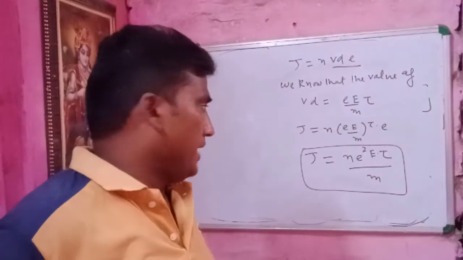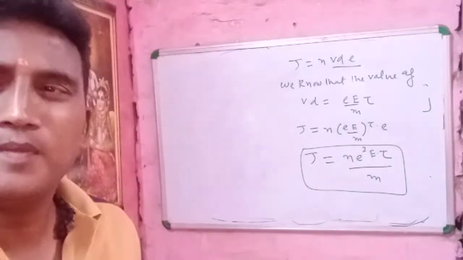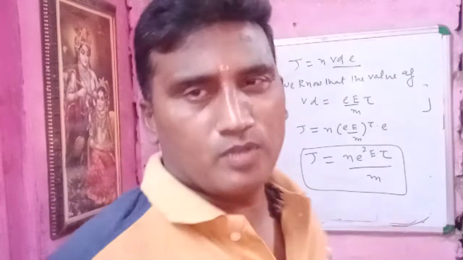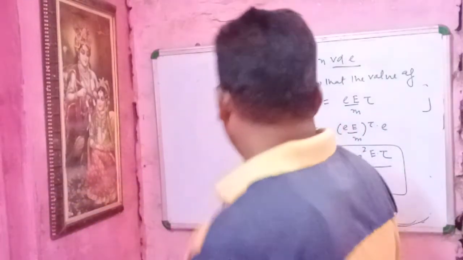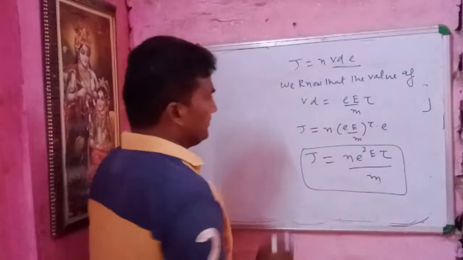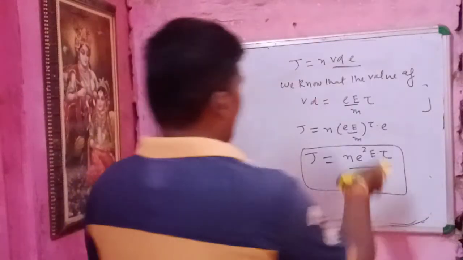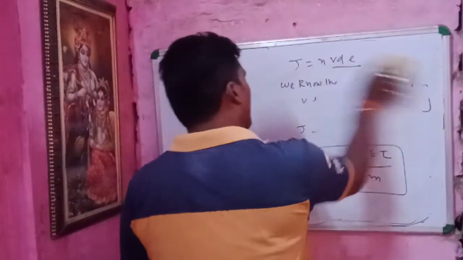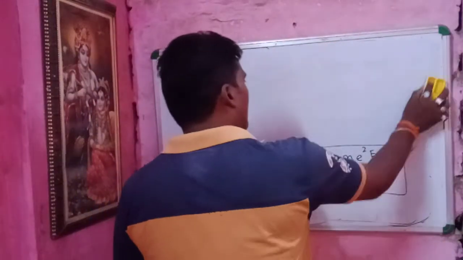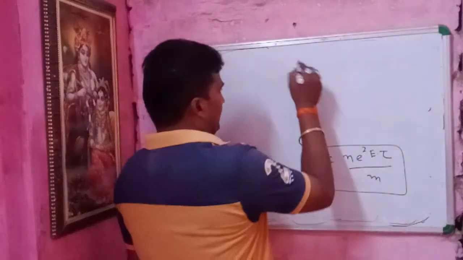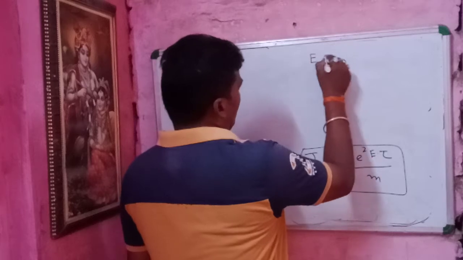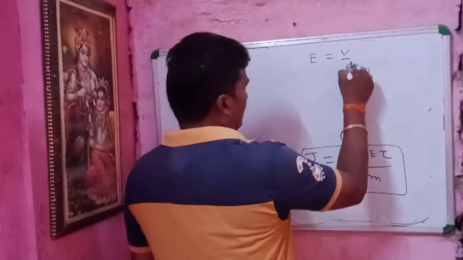We identify the relation of current density in terms of electric potential or potential difference. We know that the electric field E is equal to V by d.